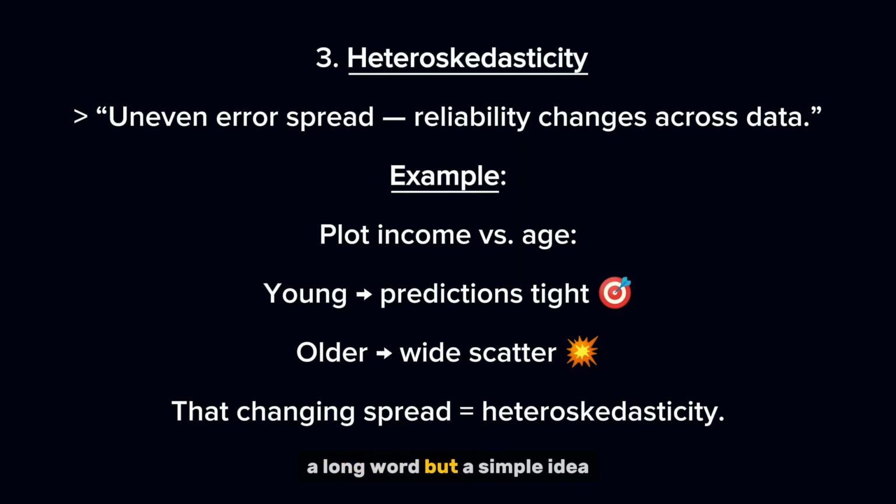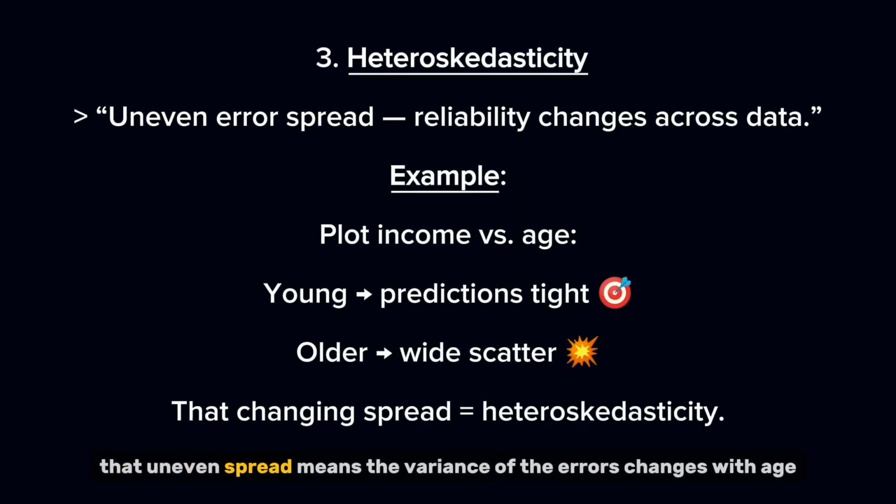And finally, heteroskedasticity. A long word, but a simple idea. It means the spread of your errors isn't even across your data. Imagine plotting income against age, and you notice that for younger people, income predictions are pretty tight. Most people earn similar amounts. But for older people, the points scatter widely. Some earn very little, some earn a lot.